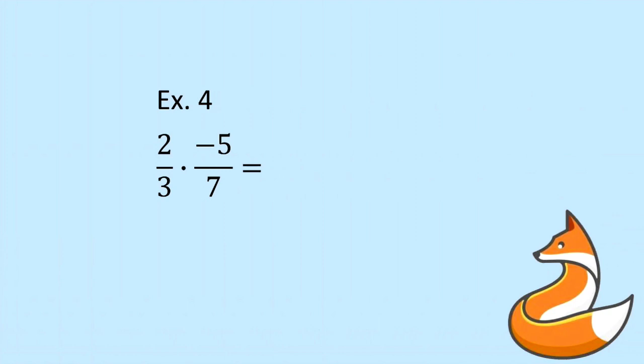In example 4, and remember, when we multiply fractions, we multiply across the numerators and across the denominators. So what we're going to get is 2 times negative 5 in the numerator, and 3 times 7 in the denominator.